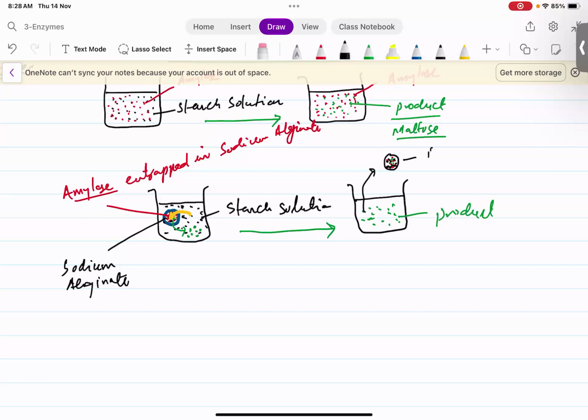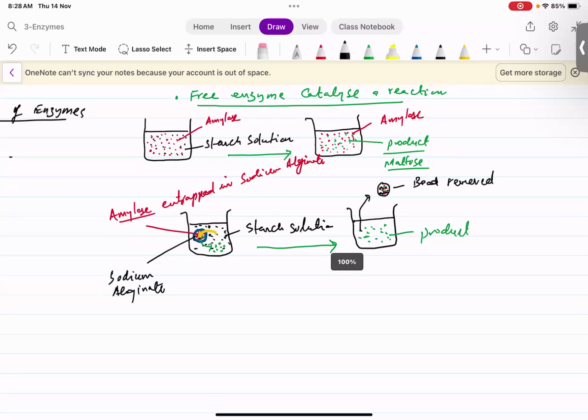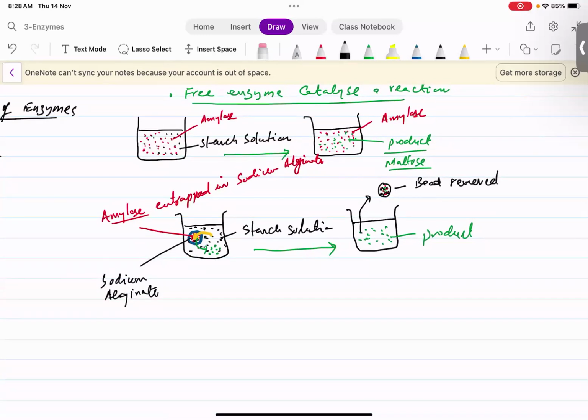So the bead is removed and can be reused again and again. If we have more starch solution, we can use it again and again. So this is immobilized enzyme.